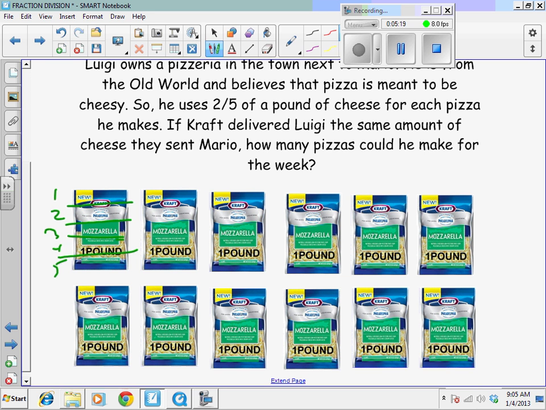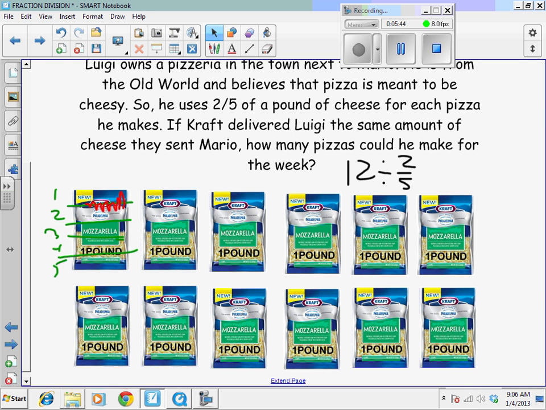He's going to use 2/5 for every pizza he makes. The division equation is 12 divided by 2/5. Does everybody see that? Okay.